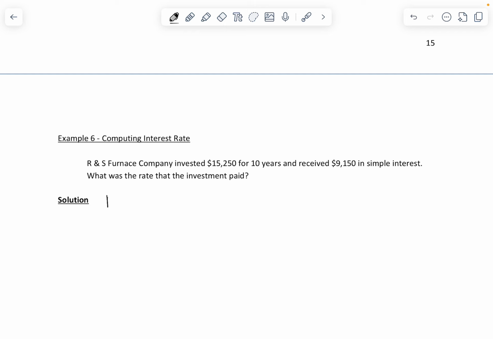We know the principal, which was $15,250. We know the amount of time. The time was 10 years. And we know the amount of interest. That was $9,150. What we don't know is the rate.